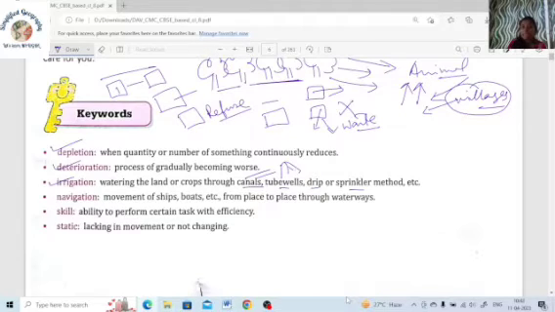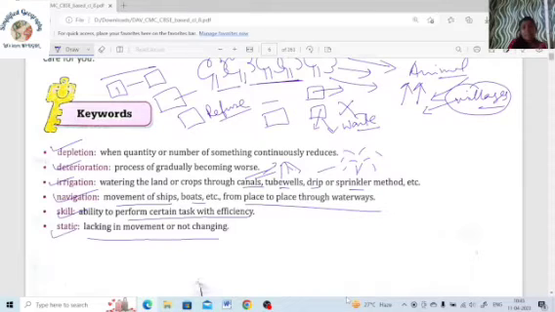Canals, cutting canals, Indira Gandhi canal in Rajasthan. Drip irrigation we know. Sprinkler irrigation like this you must know. Navigation, movement of ships, boats from place to place through water. Skill, ability to perform certain tasks with efficiency. Static, lacking in movement or not changing, whereas dynamic is ever changing.